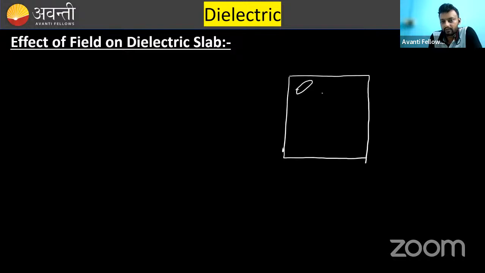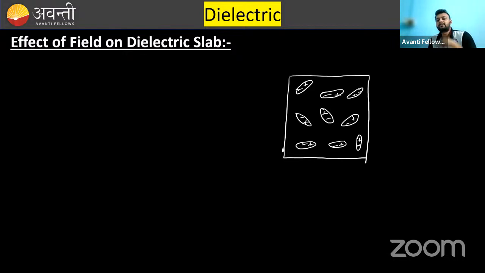These are polar molecules, and they are oriented in different directions, whatever the direction may be. Negative, positive, negative, positive, whatever you see. Okay, this is the dielectric slab.